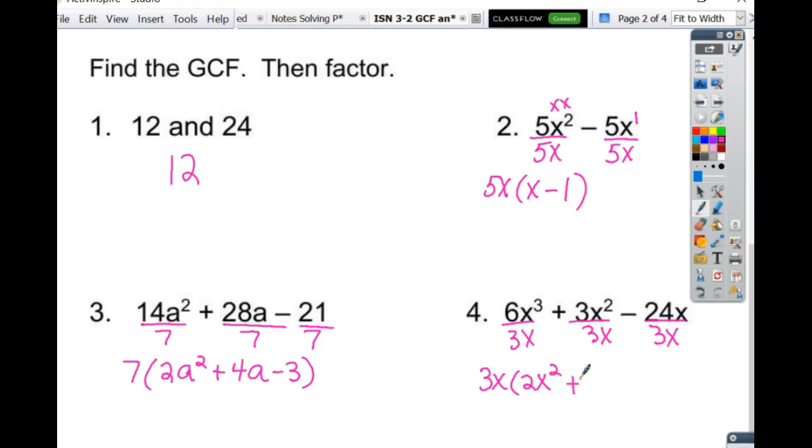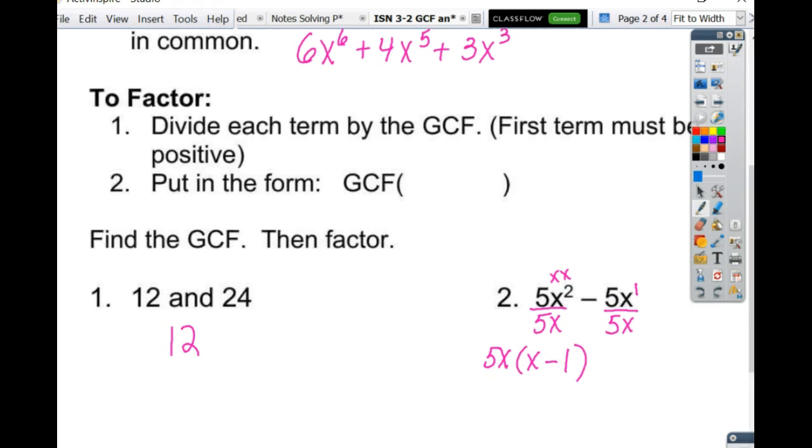The 3's cancel out. 2 minus 1 is 1. And the x's cancel out, and I'm left with 8. Okie dokie? All right.